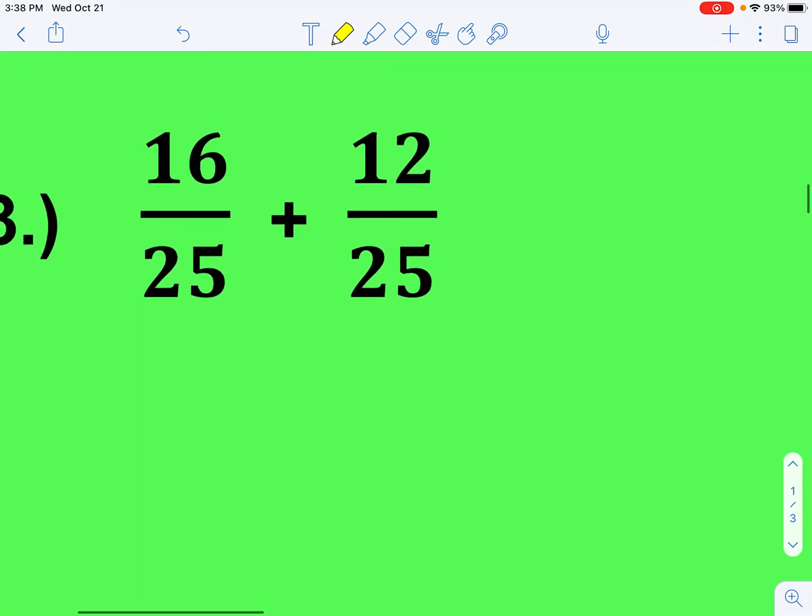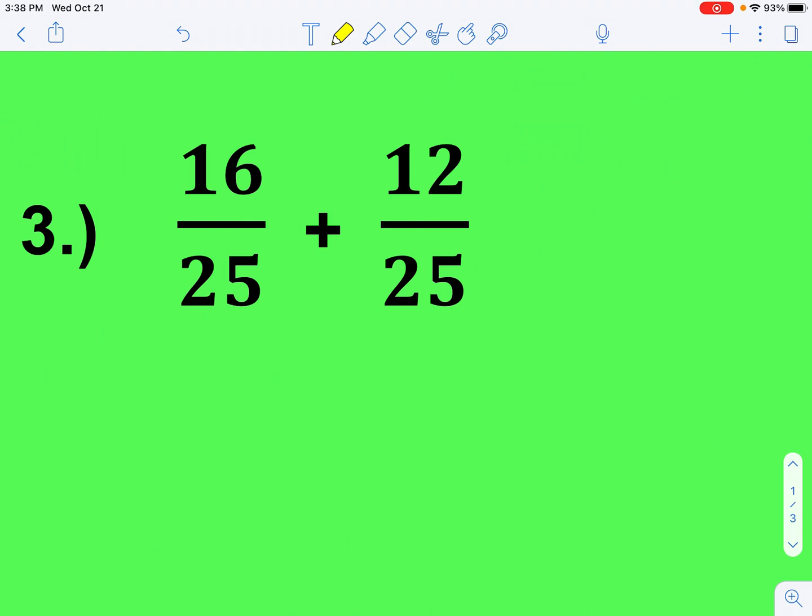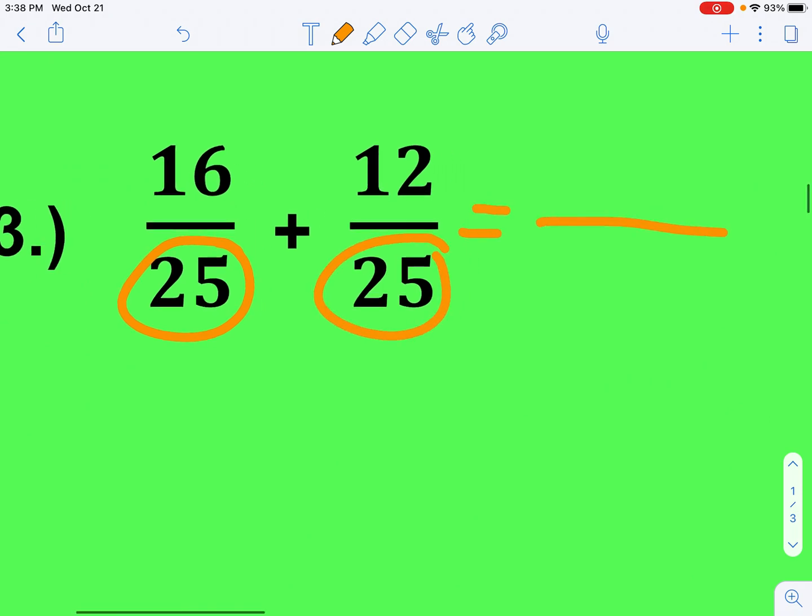Alright, number 3. Taking 16 over 25 plus 12 over 25. I notice my denominators are exactly the same, so I just add my numerators. 16 plus 12 gives me 28, and then my denominator stays the same.